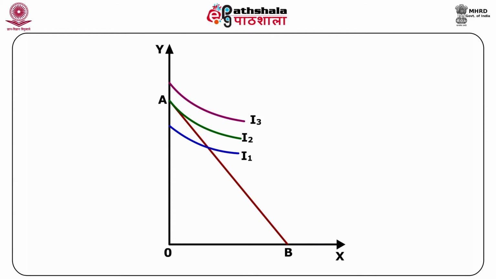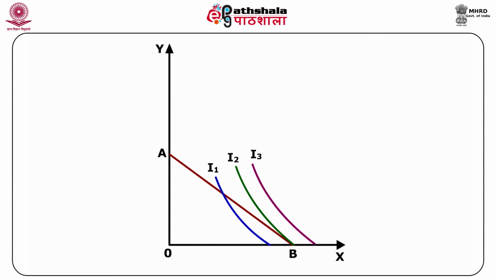This means that the relative price of commodity X, PX upon PY, is always more than his willingness to pay for X, MRSXY. In this case, the consumer will not purchase commodity X and maximizes his satisfaction by purchasing only commodity Y. Thus, a corner solution is achieved at point A.